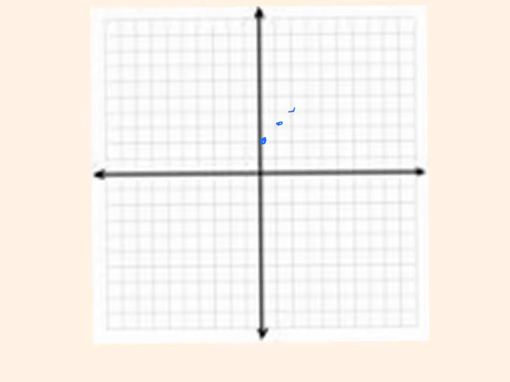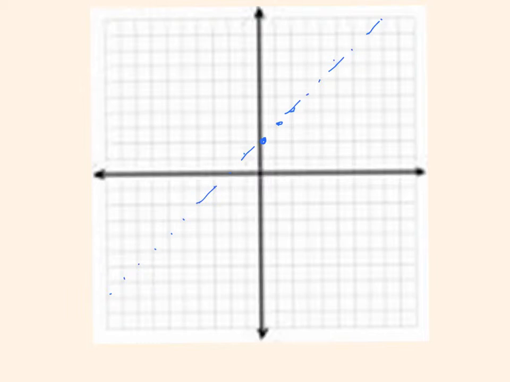Notice I mark the y-intercept, and now I'm using the fact that the slope is 1 to plot a bunch more points, going down this way. Now this was strictly, I think it was greater than.